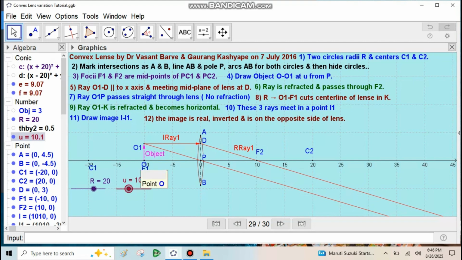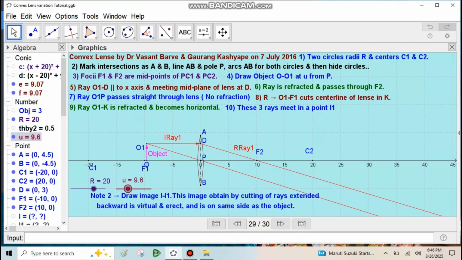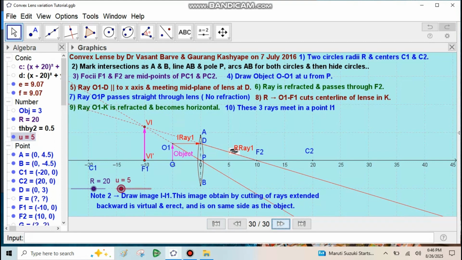Now if I move this further inside, you will see that now the rays, you can put them backwards, and then you can form the image. For that, I will push this ahead. See this. Now, these two rays, they will meet here.